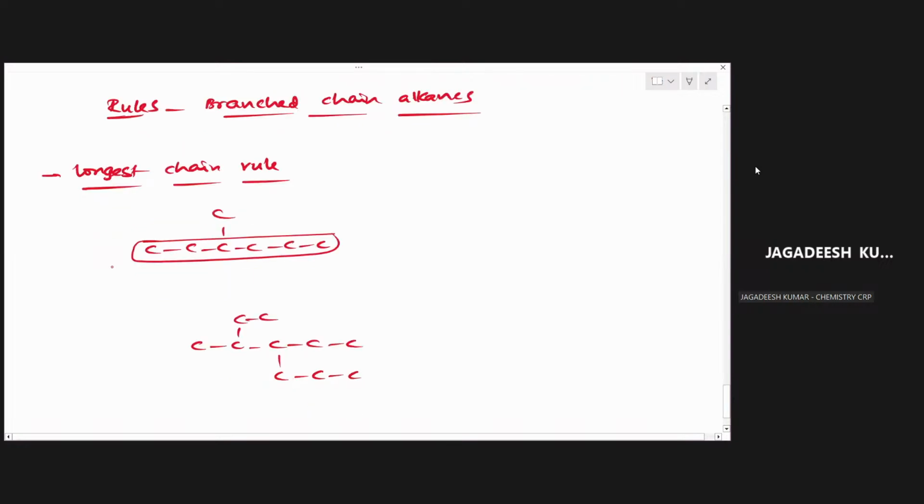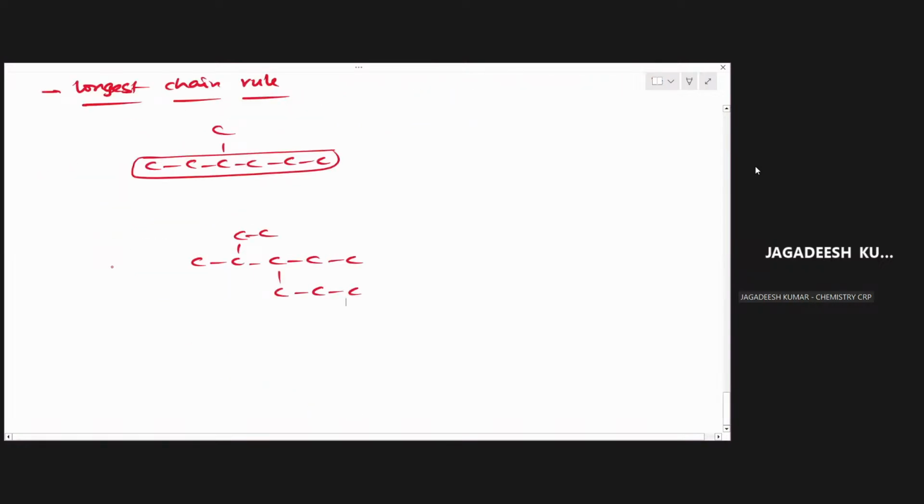So in this skeleton, which one is the longest chain? If you go straight, we get only 5 carbons. But if you go like this, 1, 2, 3, longest continuous carbon chain only. You should not come back here. This is the longest continuous carbon chain.